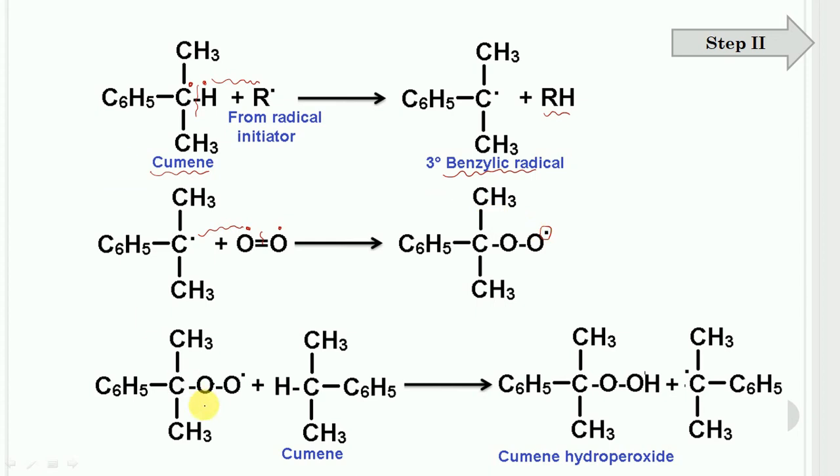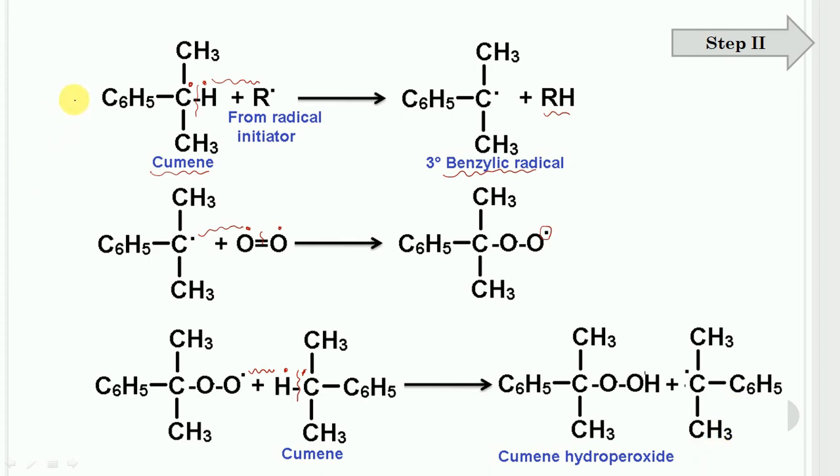In the next step, this radical will react with another molecule of cumene. Now this bond can break homolytically, and each electron is shared by hydrogen and carbon. Now there is a bond formation between oxygen and hydrogen. It will give cumene hydroperoxide and this tertiary benzylic radical.